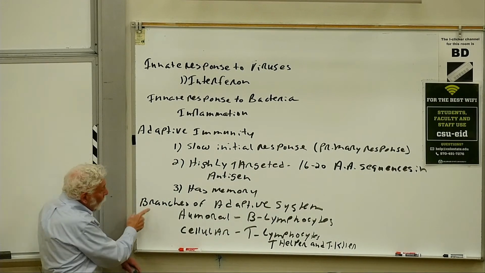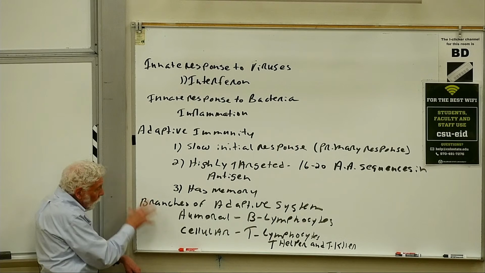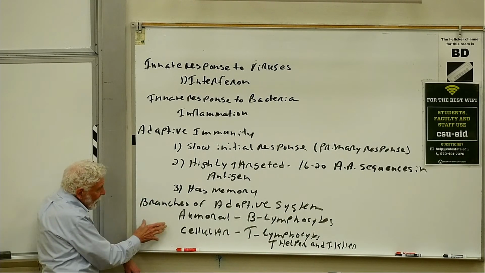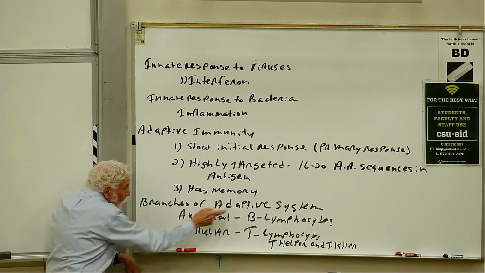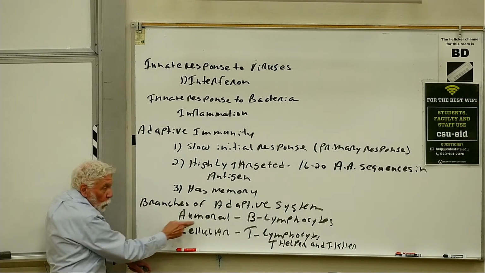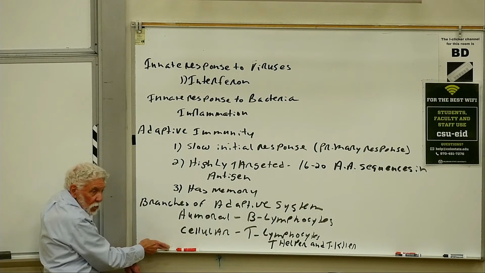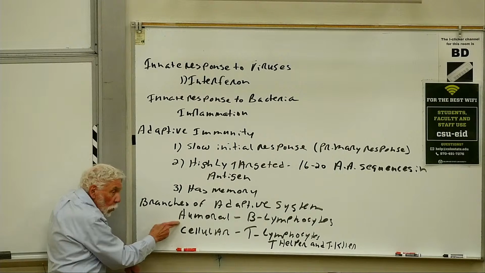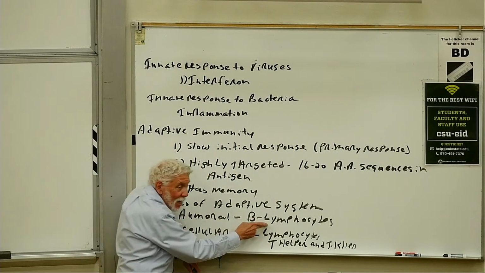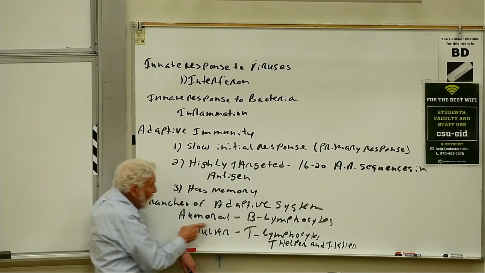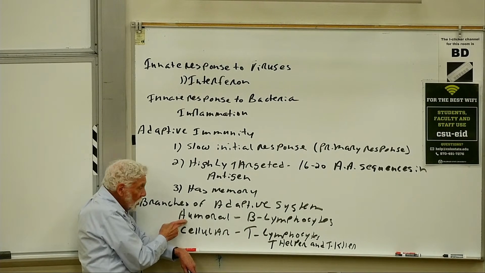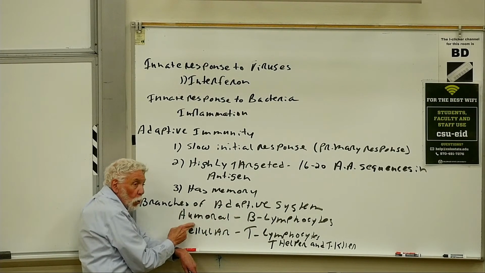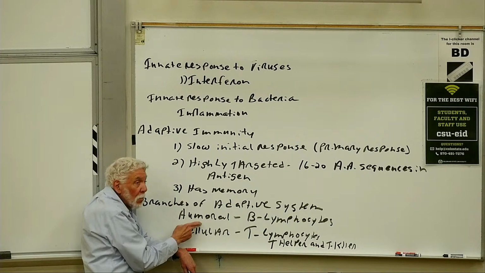Then there are branches of the adaptive immune response. I want you to hold on to these ideas. The branches of the adaptive immune response are the humoral branch and the cellular branch. The humoral branch is carried out by B lymphocytes. When you see humoral branch, associate it with the humors, including blood and plasma.